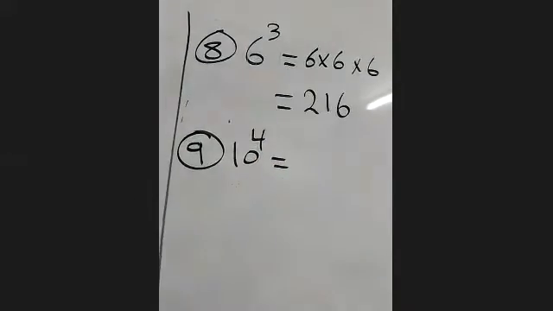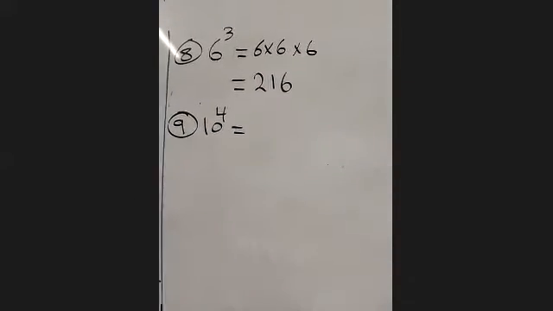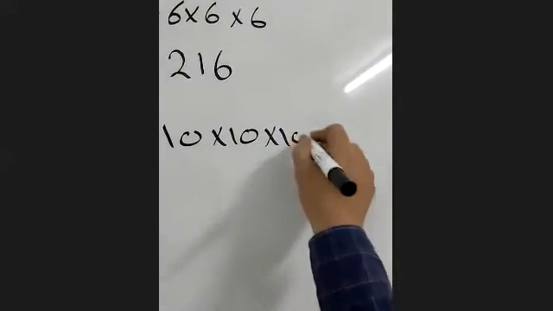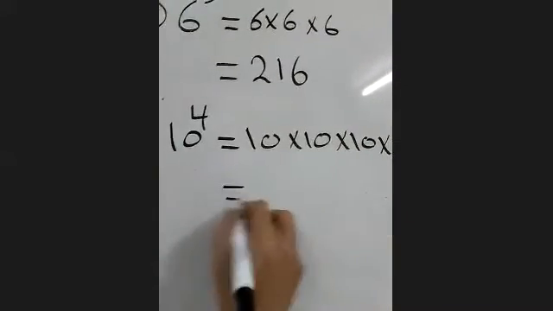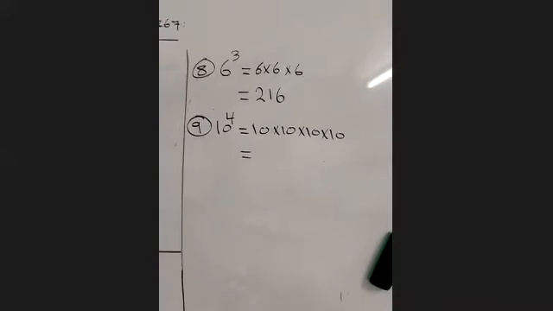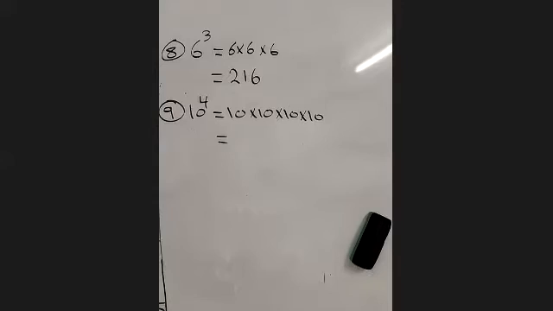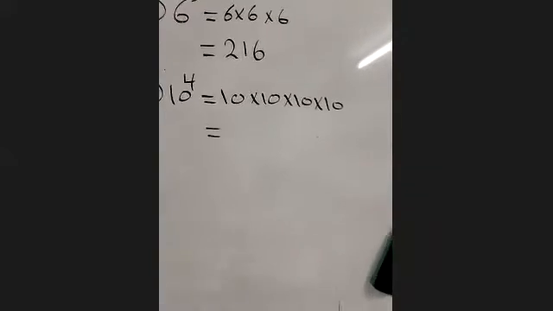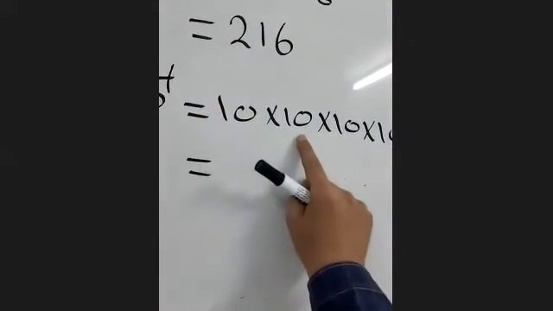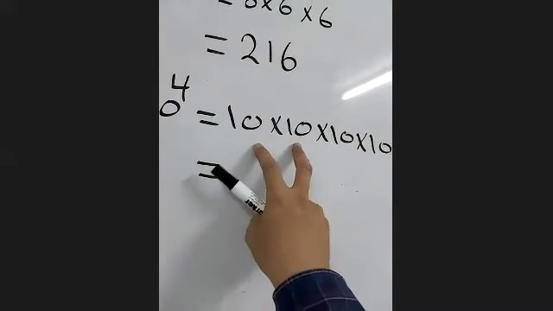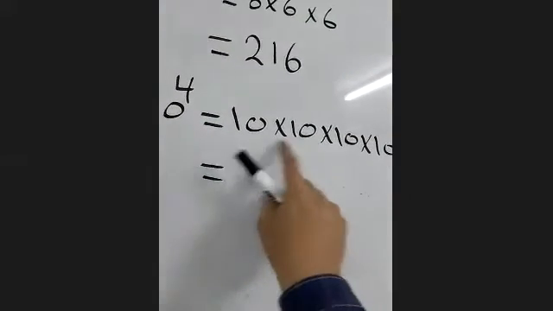Equal 10 multiply 10 multiply 10 multiply 10. 10 multiply 10, 4 times. Then we multiply the 10s and we get the answer. 10 by 10, how much? 100.